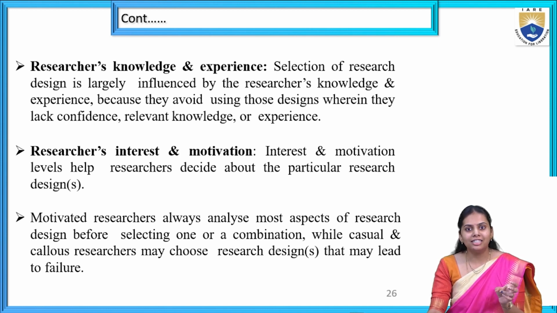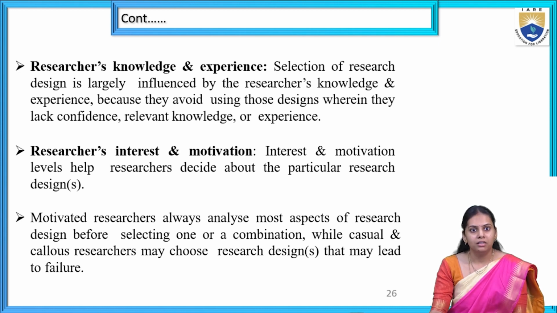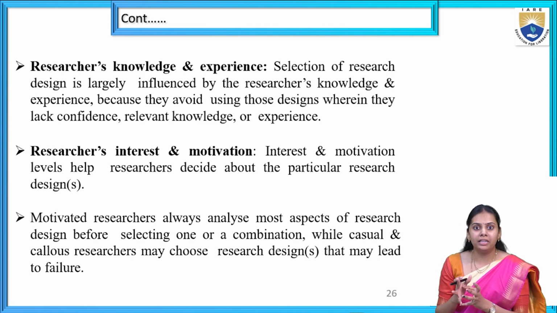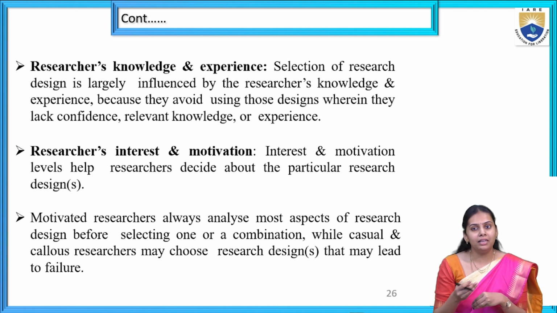Motivated researchers always analyze most aspects of research designs before choosing one or a combination, while casual and callous researchers may choose research designs that may lead to failure sometimes.